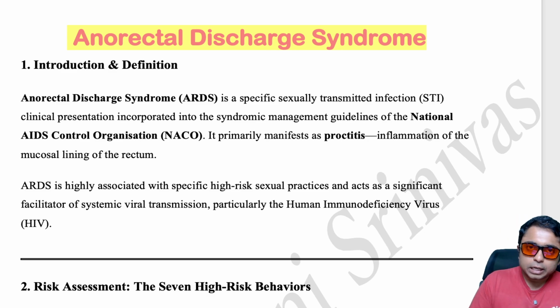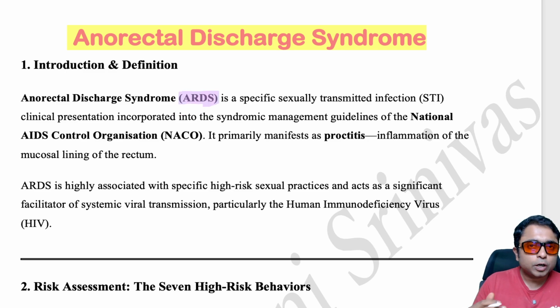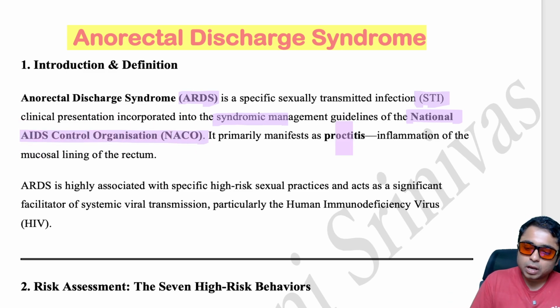Coming to the introduction and definition, in short it is written as ARDS. Please don't confuse this with acute respiratory distress syndrome. In dermatology, this is a sexually transmitted infection which is managed syndromically according to the National AIDS Control Organization, NACO. ARDS is anorectal discharge syndrome, and it primarily manifests as proctitis, inflammation of the mucosal lining of the rectum.